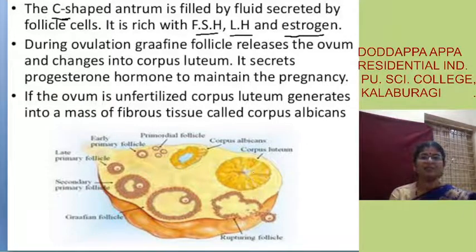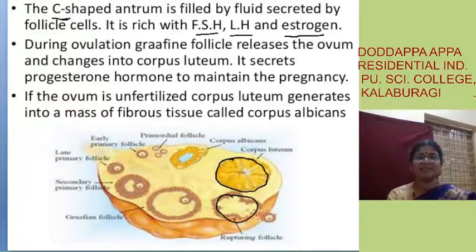Afterwards, the remaining cellular debris will get converted into what? Corpus luteum. These remaining cells will form the next temporary endocrine structure, which is called corpus luteum. You know, this corpus luteum is a temporary endocrine gland, and it will secrete a hormone called progesterone.